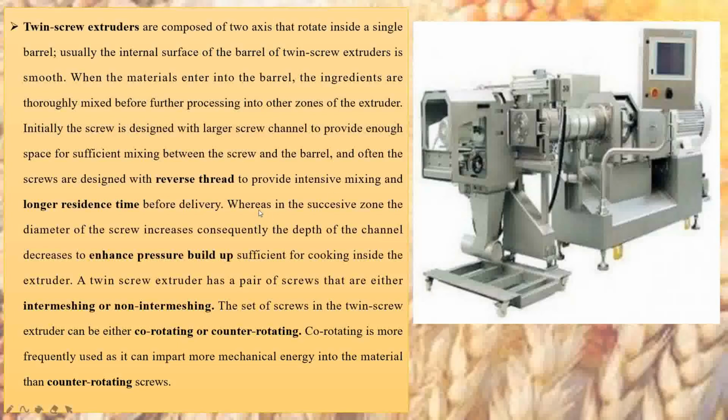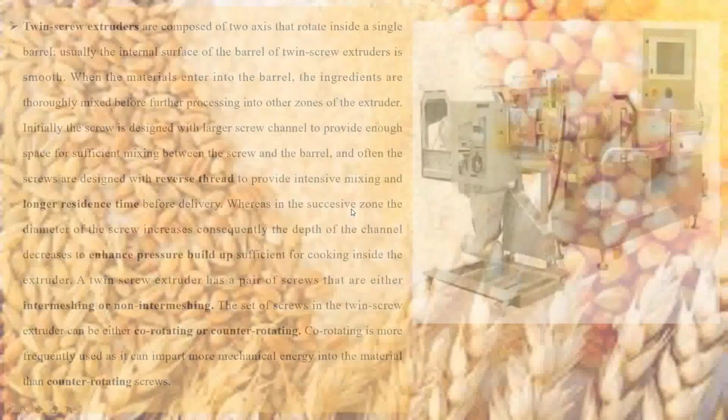But unlike the single screw extruder machine, the barrel of these twin screw extruders is not grooved or pitched inside. Because of the presence of two screws, the absence of the axial grooves within the barrel wall, which the single screw extruder has, is compensated by the presence of two screws.